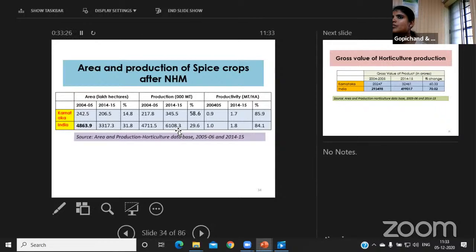And regarding the product, the NHM has changed the department. I think only after 2004, farmers recognized the agriculture department. Also, under NHM, there was an opportunity for agriculture students.